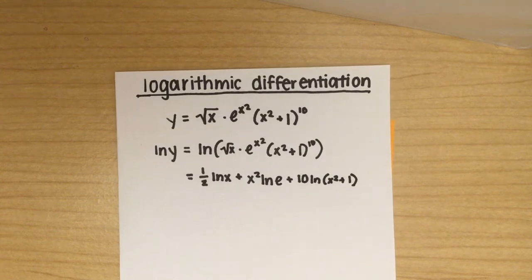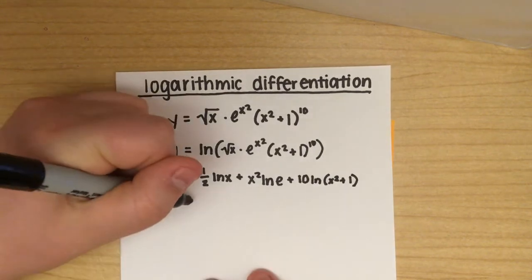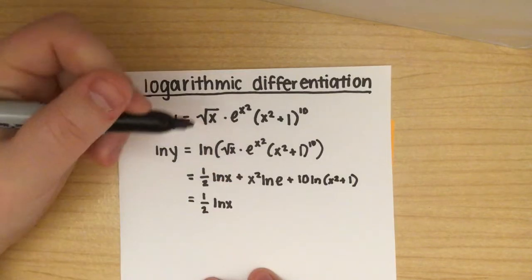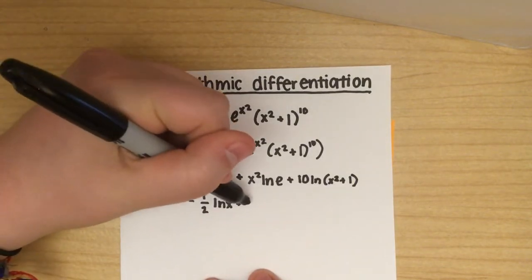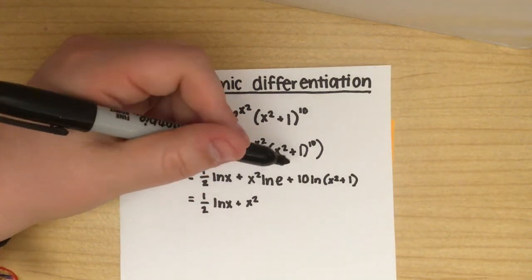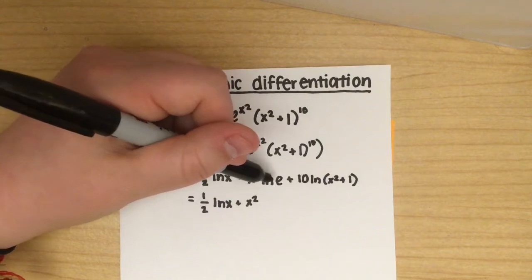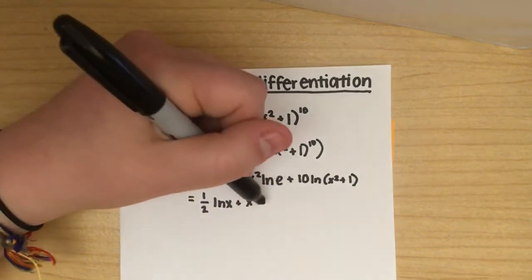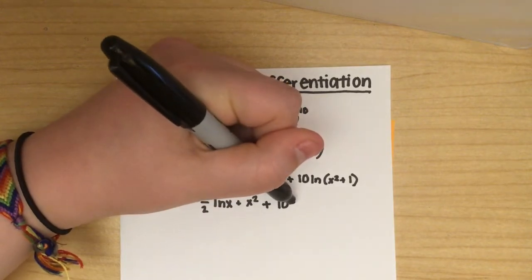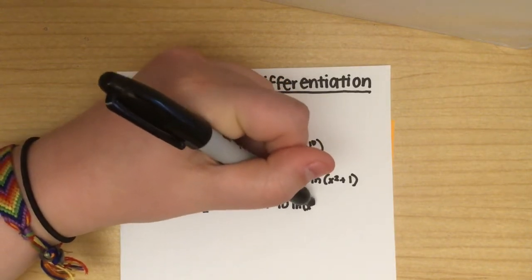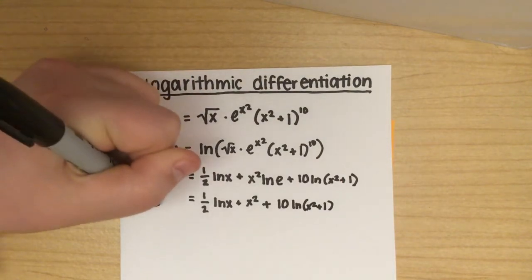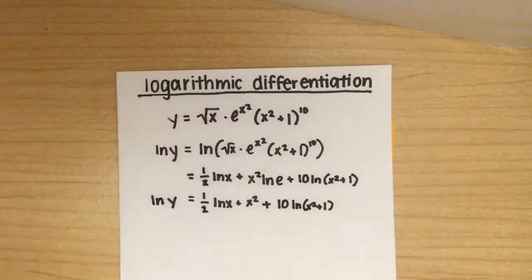And so we can simplify that down even more to 1/2 ln x plus x squared, because ln of e actually just equals 1 because the base of ln is e. And then this will be plus 10 ln of x squared plus 1. And then we'll put in ln of y right here.